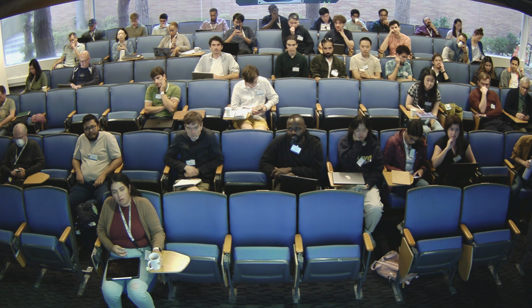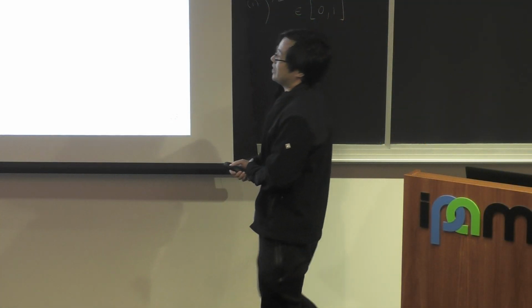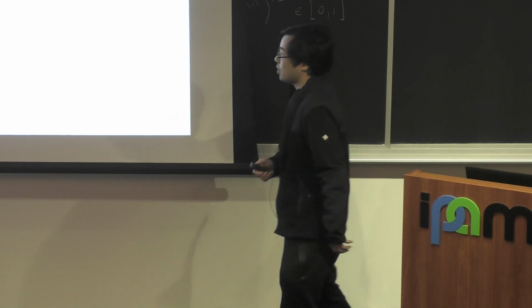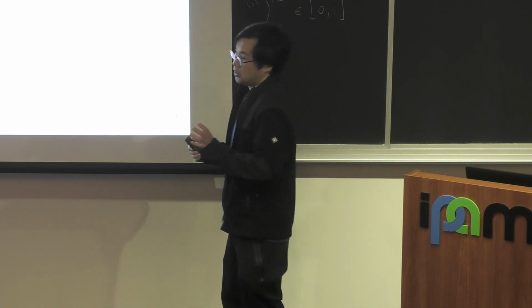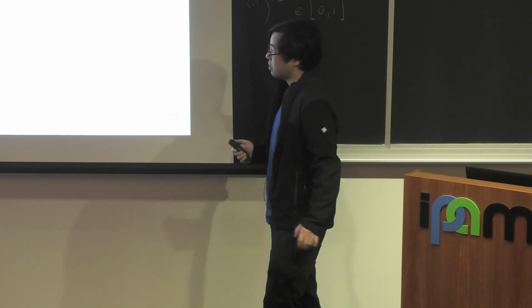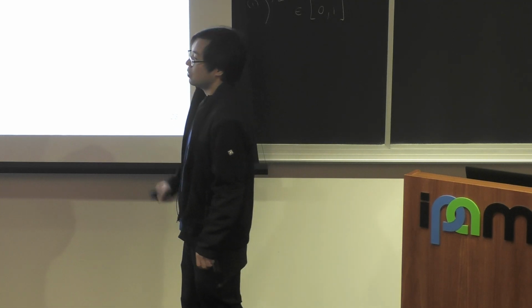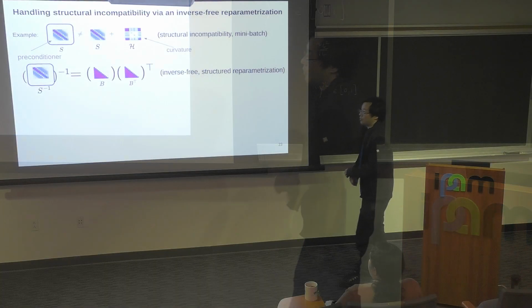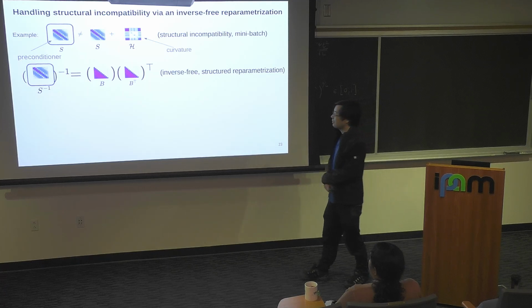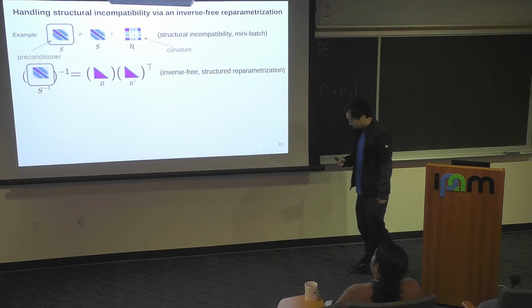Now let's look at an example. How can we maintain structures? As we see, this is challenging. Here we assume that we can obtain the structures through a reparameterization. So instead of updating S, I'm going to update B, and this is basically an inverse-free reparameterization.